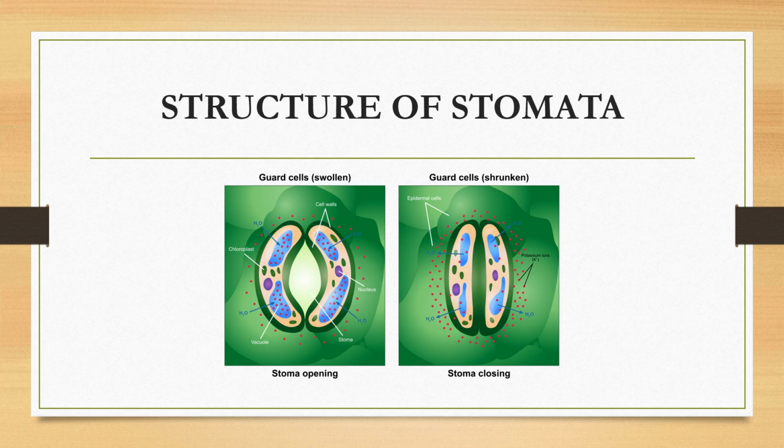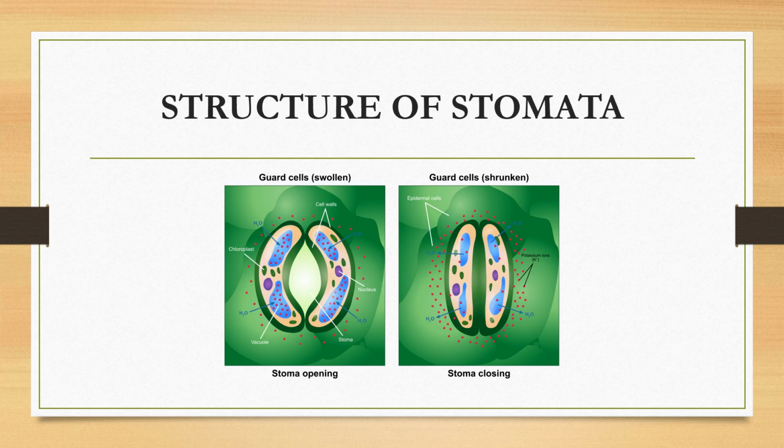These small pores are called stomata. The picture shown is the stomata. Stoma is singular. Stomata is guarded by two kidney-shaped cells, guard cells. It is the guard cells that control the opening and closing of stomata.